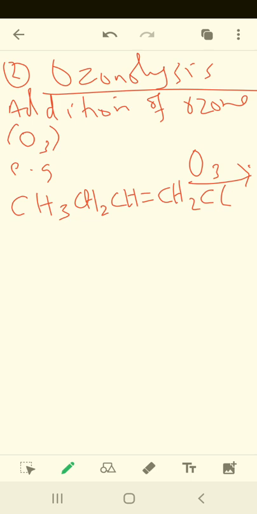This is carbon, this is chlorine, CCl4. Let me write it properly: carbon tetrachloride.